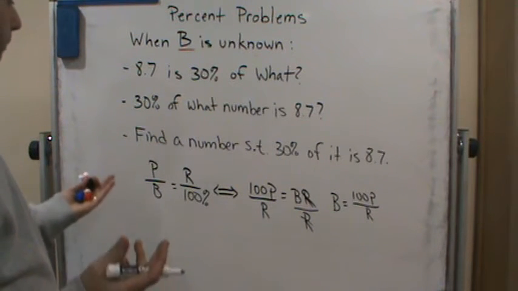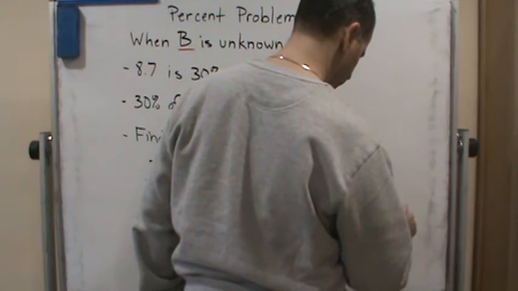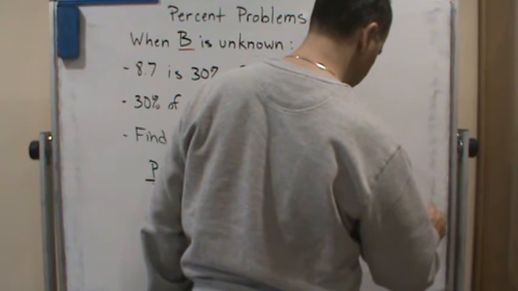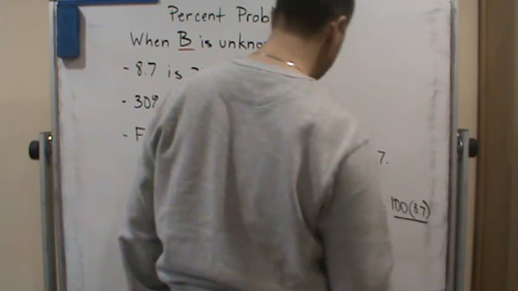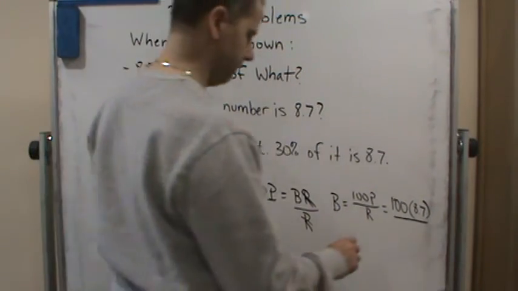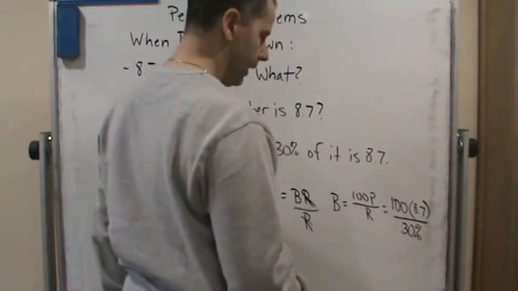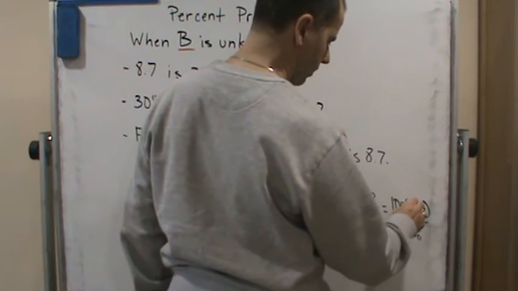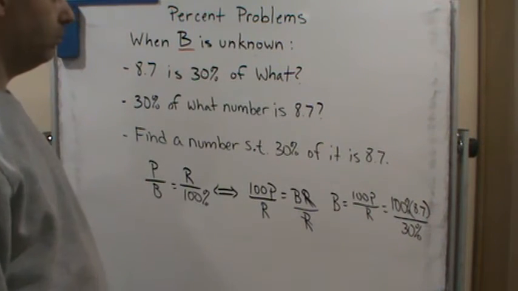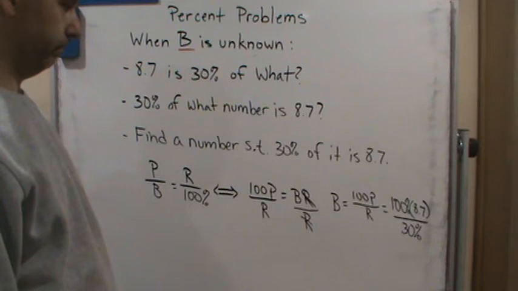Now in this case, all we have to do is substitute in for P and R. P is the portion, which is 8.7. So it's going to be 100 times 8.7 divided by the percentage, which is 30%. Since this is 100%, the percentages cancel out, and we end up with a number.